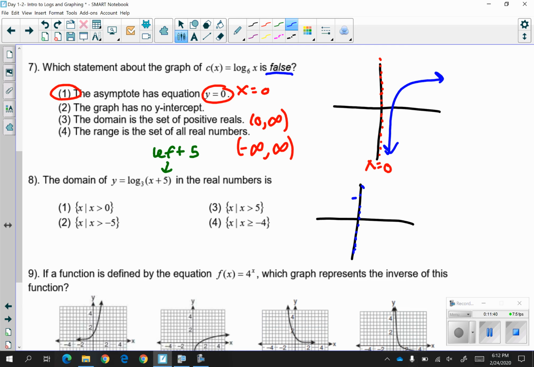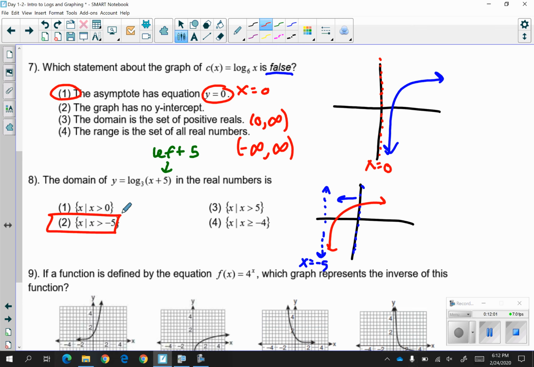But it's going to shift to the left by 5. That's going to give you x equals negative 5. Your graph is going to be to the right of that. So your domain is anything that is greater than negative 5.